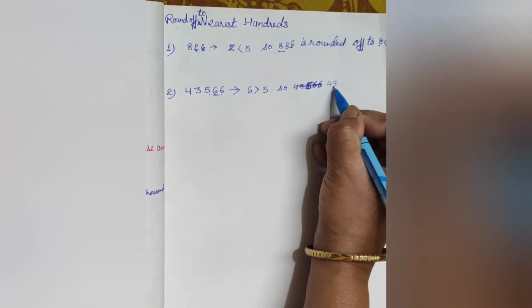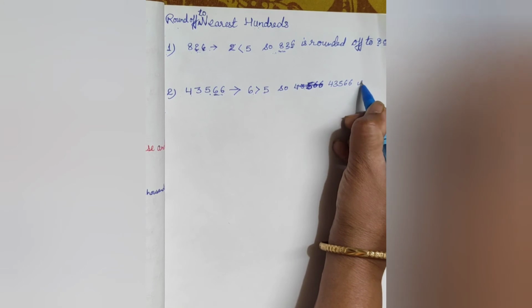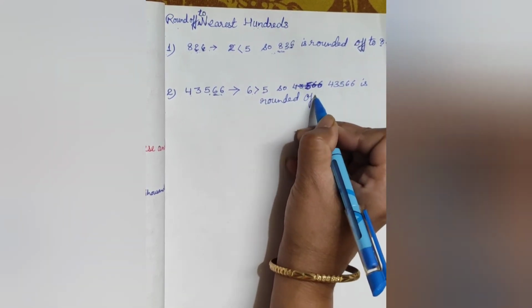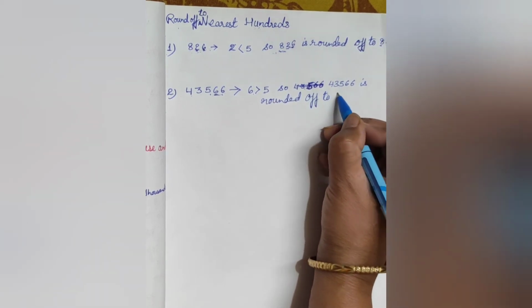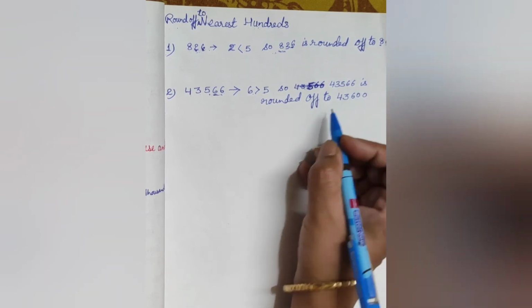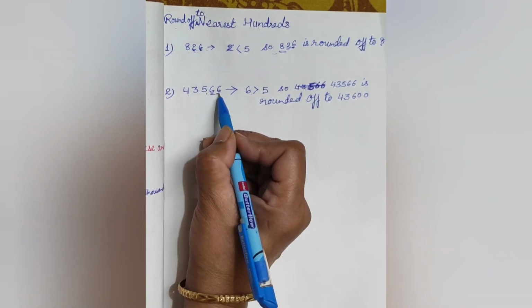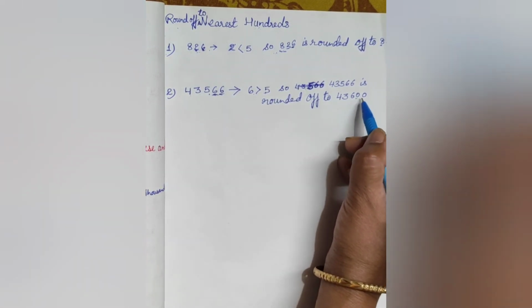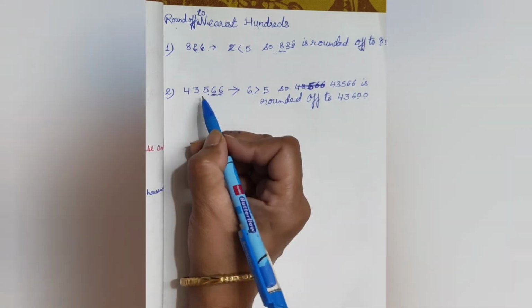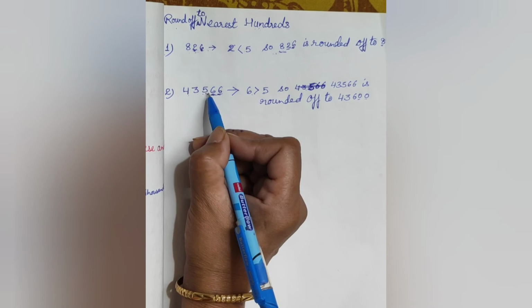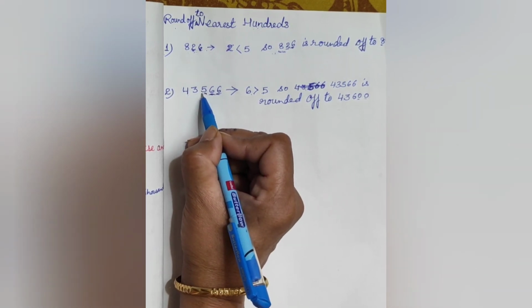So it is rounded off to 43,600. According to the rule, ones and tens place digits are replaced by 0 and the hundred digit is increased by 1.